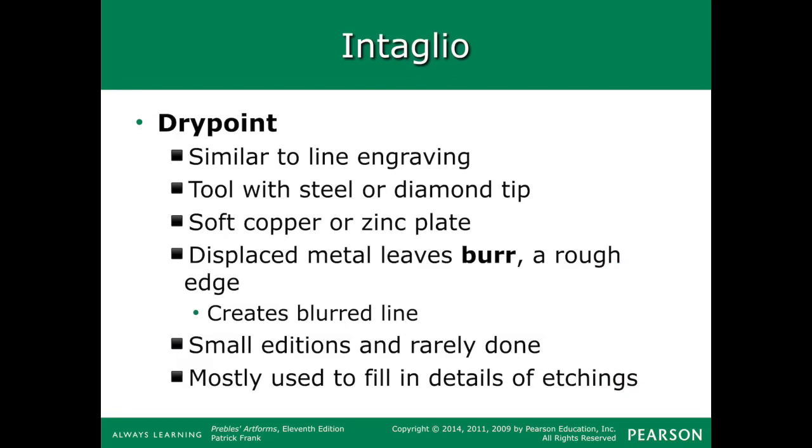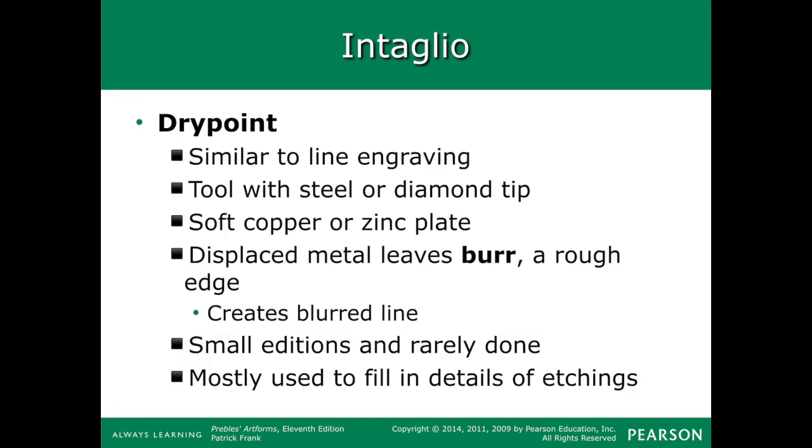Another type of intaglio is called dry point. It's similar to line engraving, where they're using a tool with a steel or a diamond tip. Usually, in dry point, they use a soft copper or a zinc plate. The displaced metal leaves a burr or a rough edge.